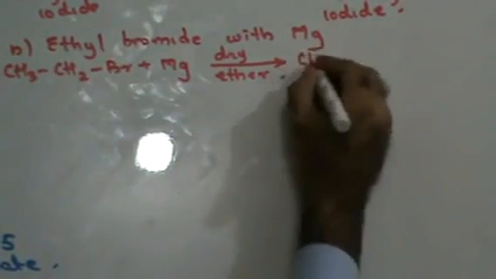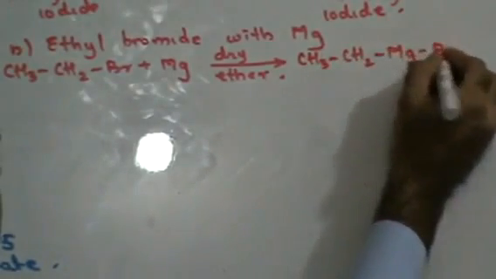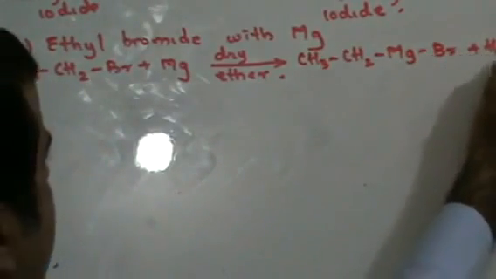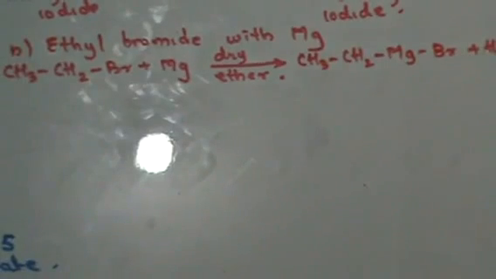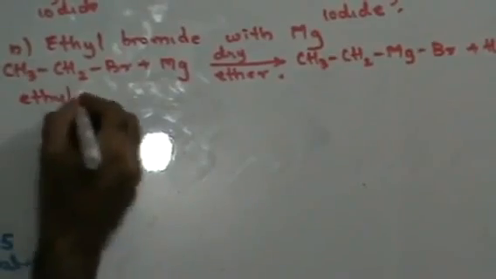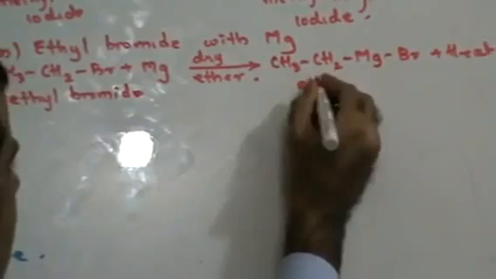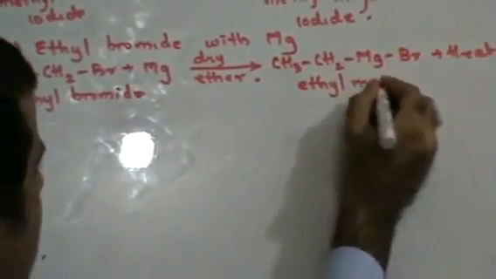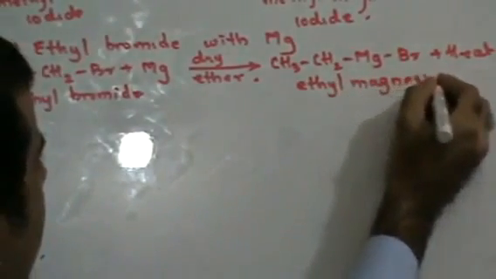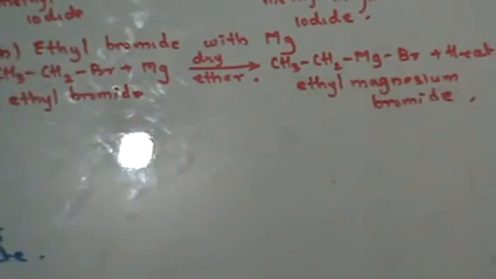So you will have CH3CH2MgBr plus heat. This is ethyl bromide and this is ethyl magnesium bromide. Fine, do we get this thing here?